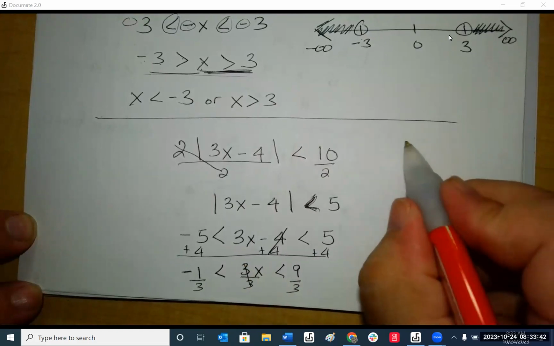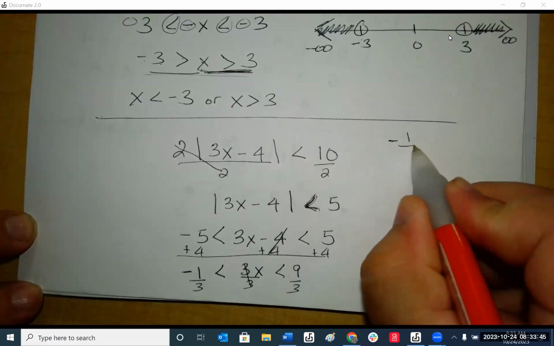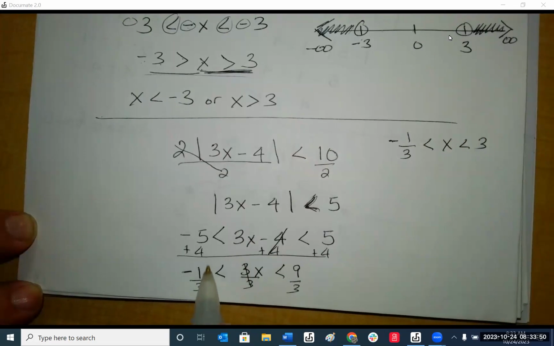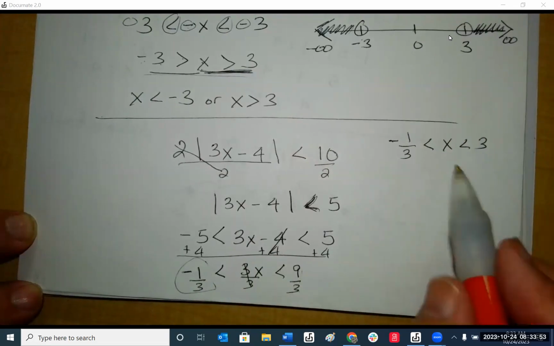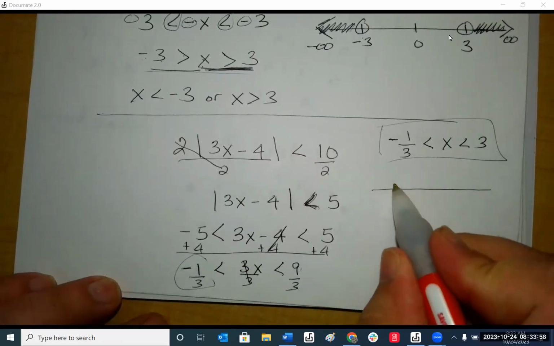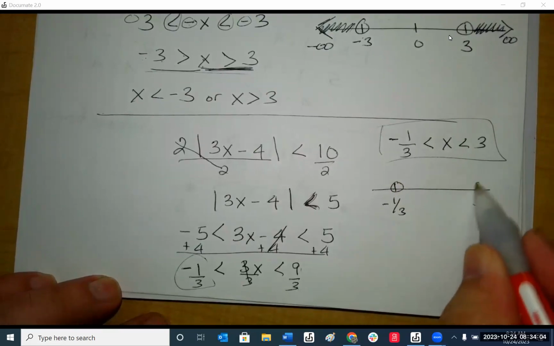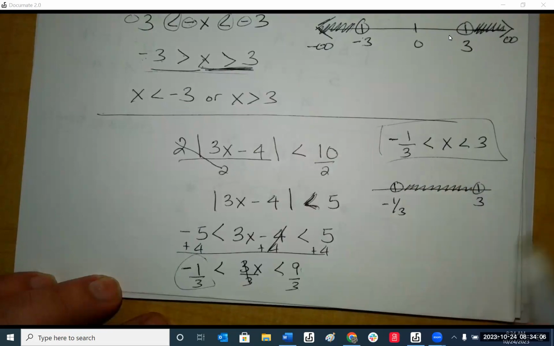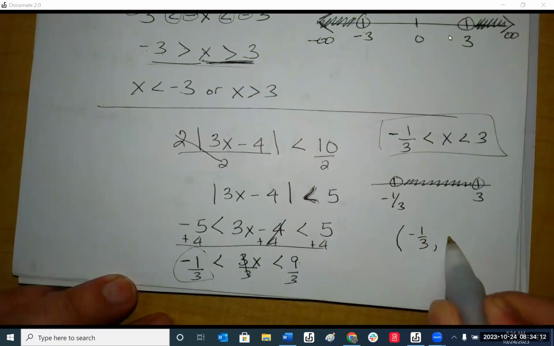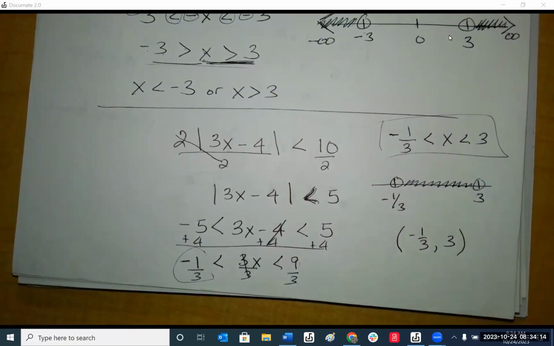So our solution -1/3. 9 divided by 3 is 3. So this is what we're saying our solution is. Our answers are between those are our answers. We can use any x between -1/3 and 3.